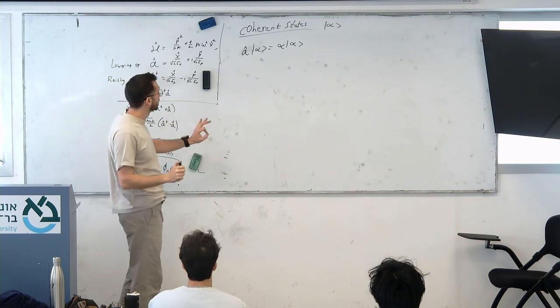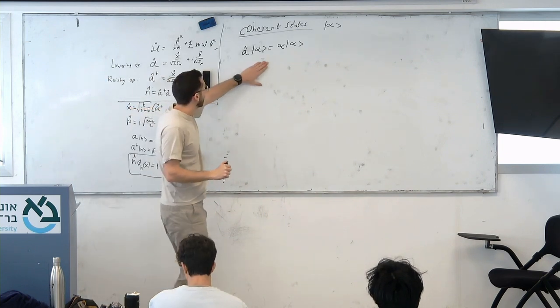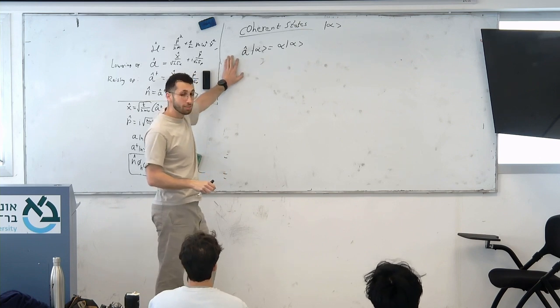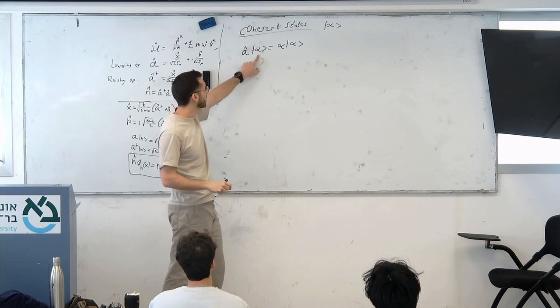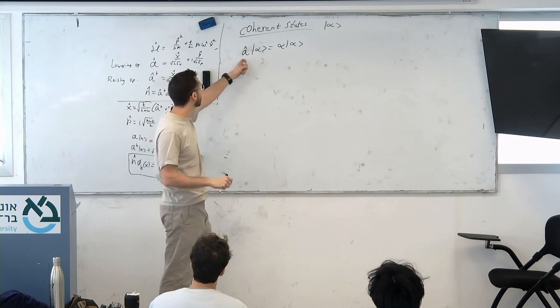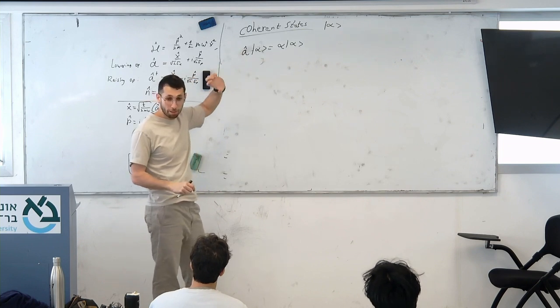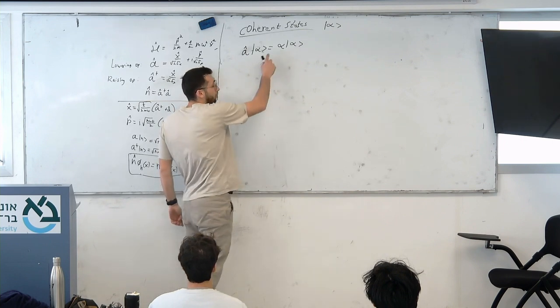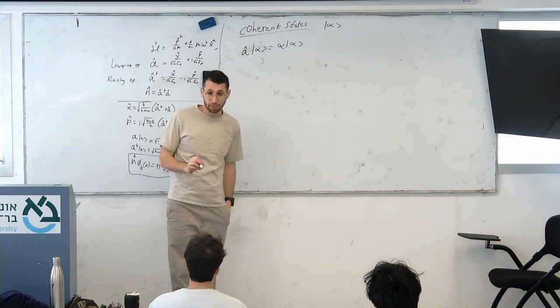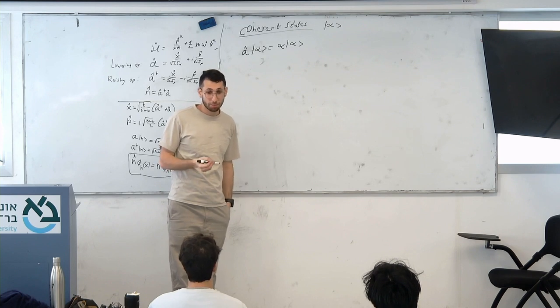A few points to note. The first one is that those coherent states are eigenstates of this operator, which is not a Hermitian operator. So those alpha doesn't have to be real. They could be complex.